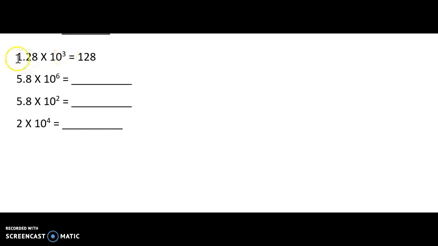So in this case, it would be 3 places. 1, 2, I'm going to need one more 0. So it would be 1,280. So in other words, you just write out the coefficient and shift the decimal over that many places to the right, whatever the power is of 10.